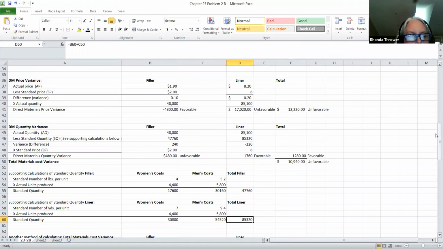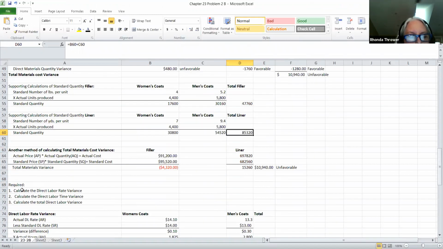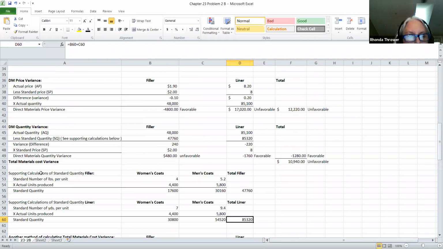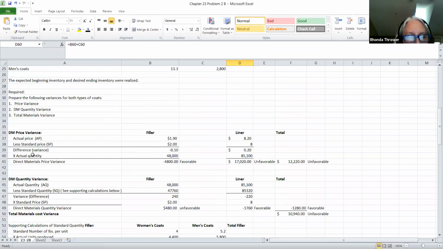You also need to know how to calculate the direct labor rate variance, the direct labor time variance, and the total direct labor variance. These formulas are very important for you to learn. So learn these formulas. I got it lined out for you step by step.